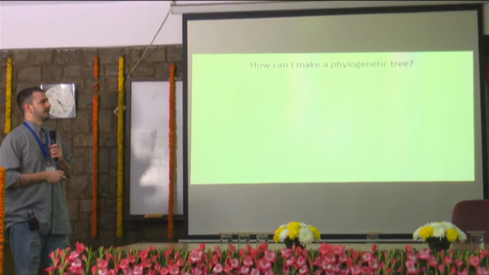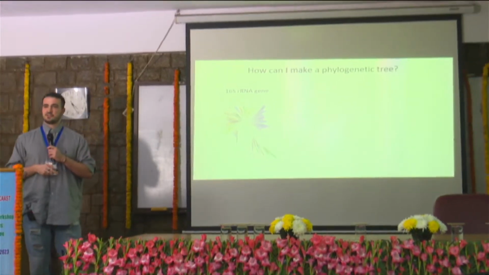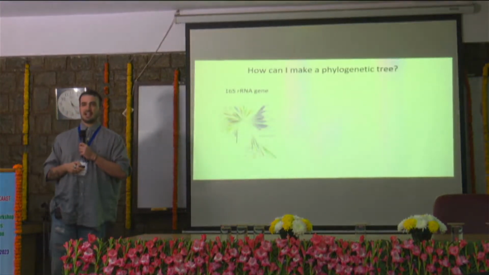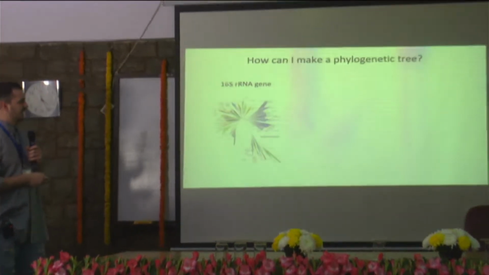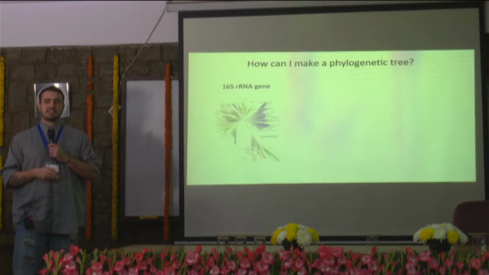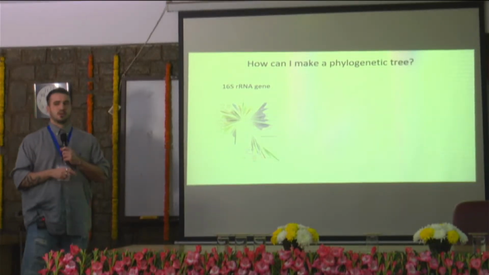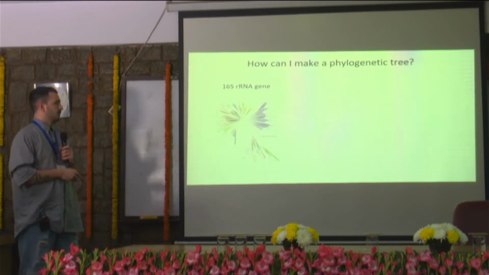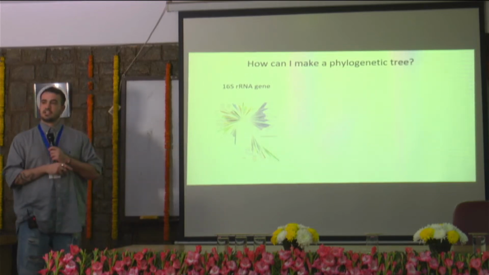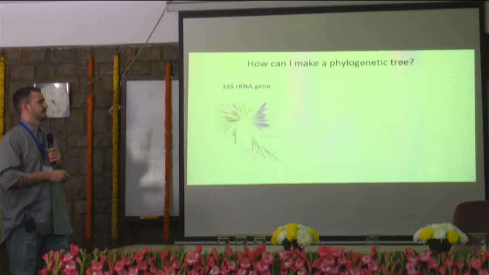As you know, this nice tree of life, they compare a lot of microorganisms and eukaryotes, but comparing the 16S ribosomal gene among them. So this is based only on that gene, comparing the gene between organisms.